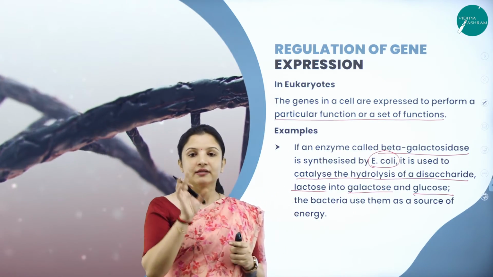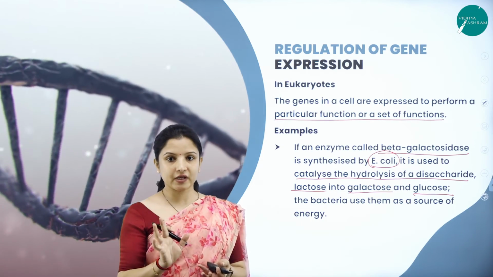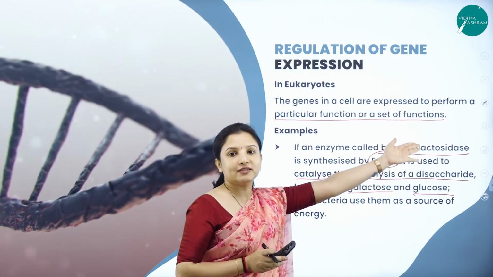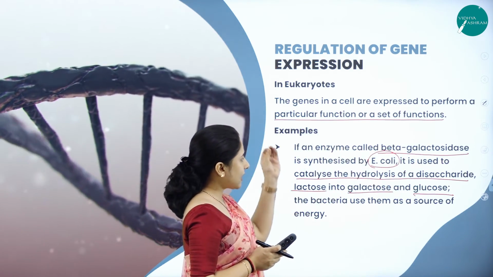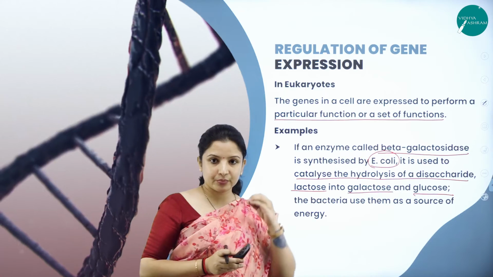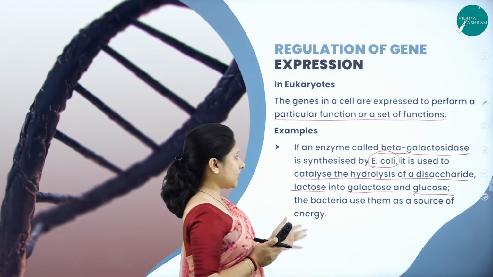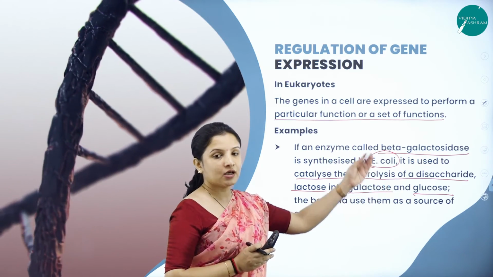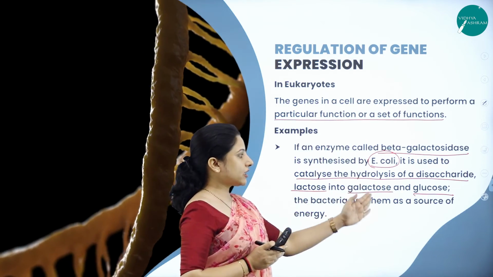Beta-galactosidase is needed. That was studied by taking the example of E. coli. So in E. coli, there was an enzyme called beta-galactosidase. That beta-galactosidase has a particular function wherein it increases the rate of reaction of hydrolysis of lactose into galactose and glucose.